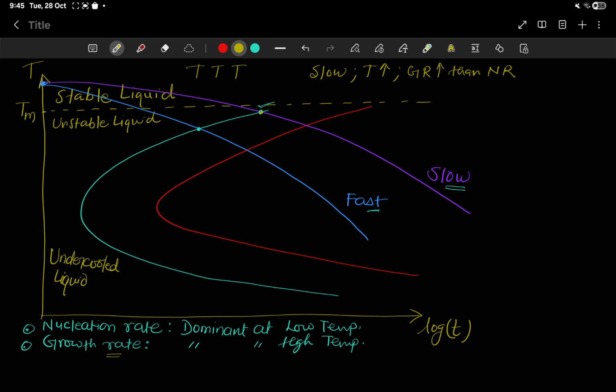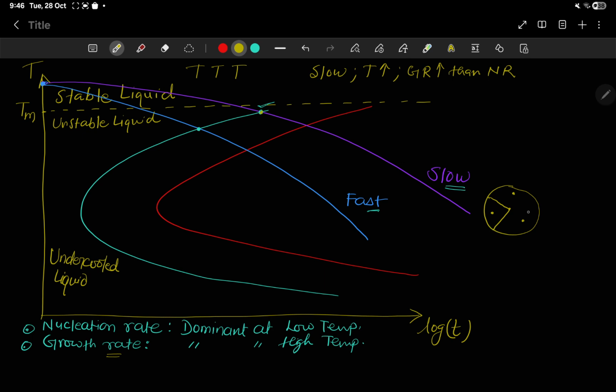Now let's try to draw the microstructure for this cooling. So we will have this, and here what is the condition? That we are getting coarser grains, right? So point 1, point 2, point 3, these are the nucleation points, and each nucleation point will grow into one grain, right?